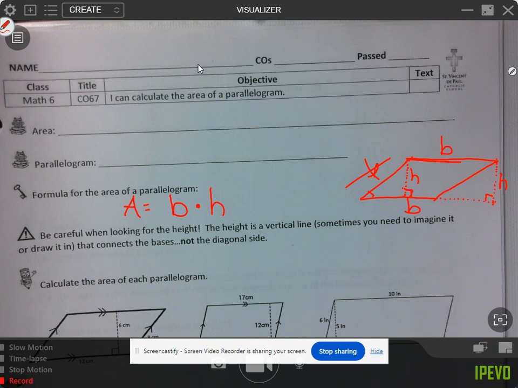No numbers. Oh, yay. It does pay to listen, doesn't it? Yay. Did you draw it, Sawyer? Okay. Any other questions about the parallelogram?